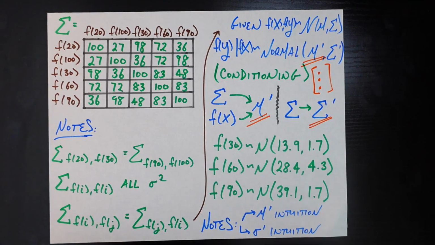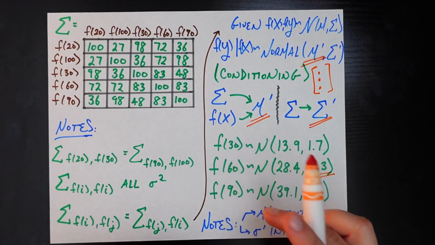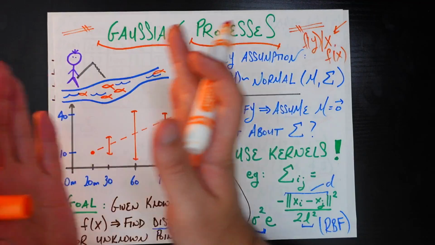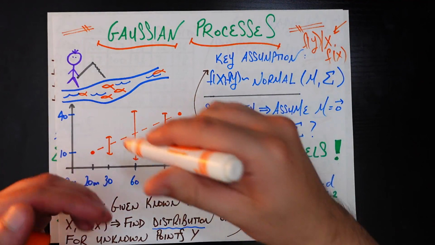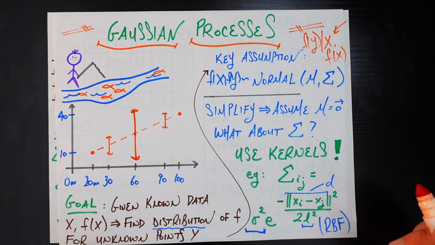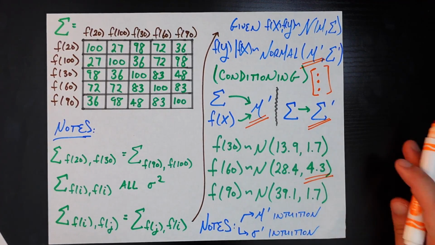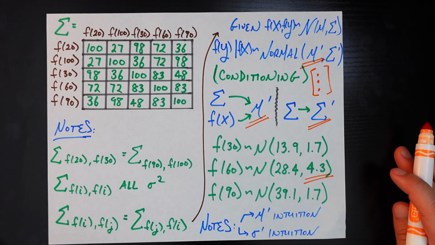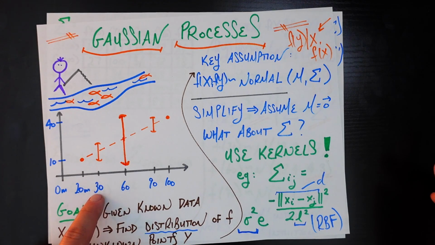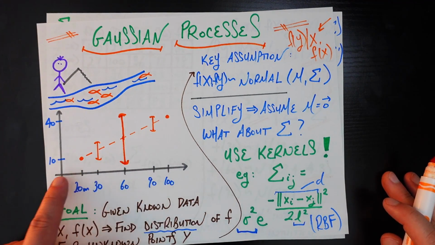So this is the main thing I wanted to point out: notice that this standard deviation for this point 60, and maybe it's good if I go back here for a second, for this point 60, which is further from all the data that we know about, is going to have, as we expected and as we wanted, a bigger standard deviation than the points 30 and 90, which have a standard deviation of 1.7 and 1.7 as well. And so that's how we get the distributions for 30, 60, and 90 meters down the river. And of course we could do it for every single value in between as well.